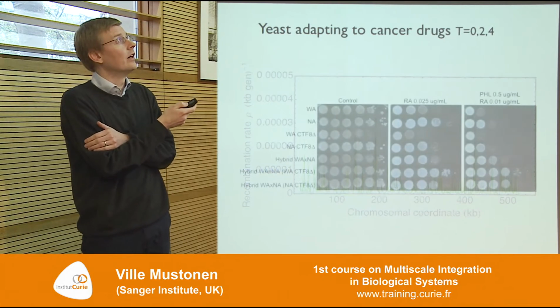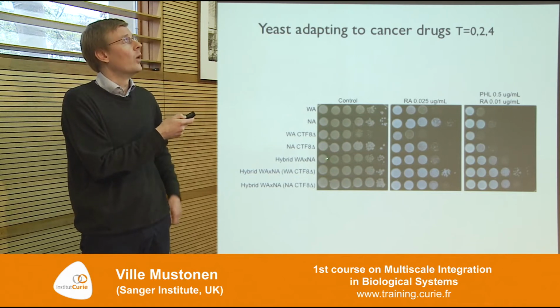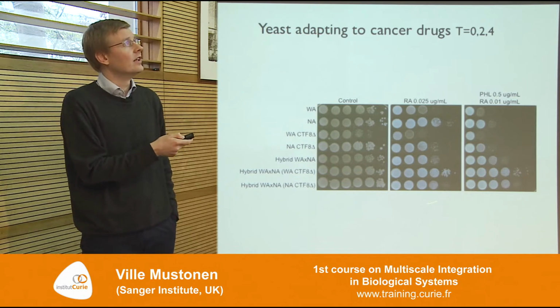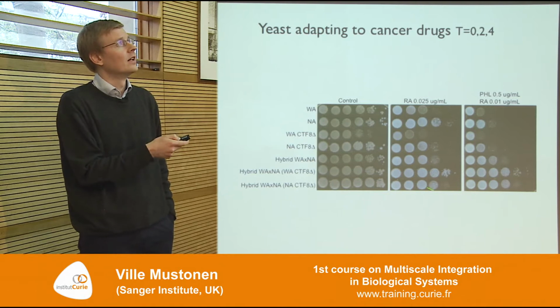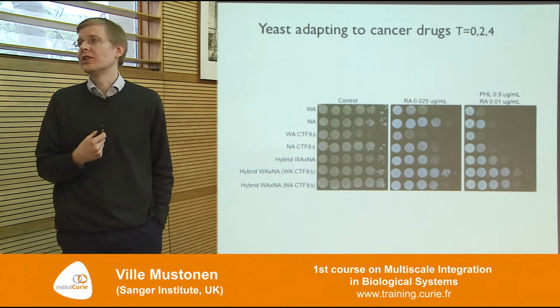And there is something which we have now validated. There is a CTF8 gene. When it's deleted, it is showing in hybrid West Africa, North America, strong growth under rapamycin. So this is so-called dilution assay.